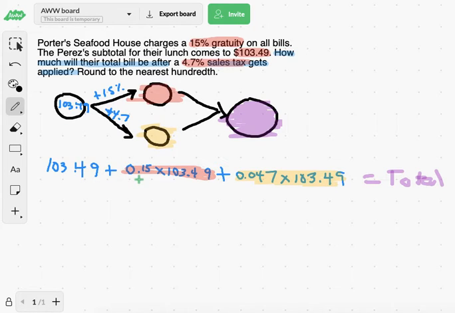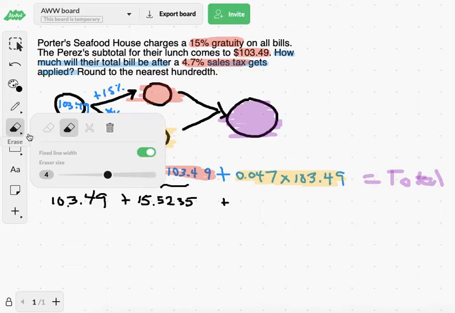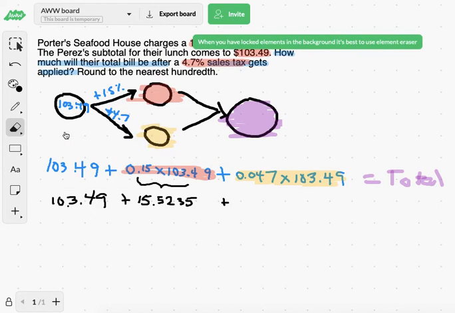Okay, so the first thing I need to do is calculate this piece, which is 0.15 times 103.49. And that is 15.5235. Okay, and that gets added to the other pieces. So let me just start bringing stuff down that I'm not even calculating.